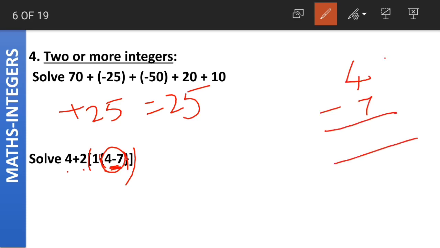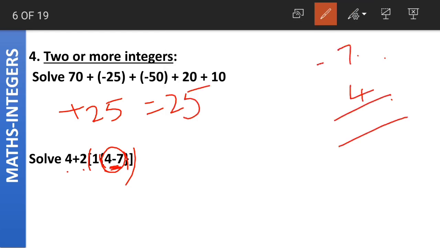We have one positive and one negative integer. We subtract the smaller absolute value from the larger absolute value. What is 7 minus 4? 7 minus 4 is equal to 3. And what about the sign? 7 has the higher absolute value. Remember, class, I am talking about absolute value, which is without the sign.